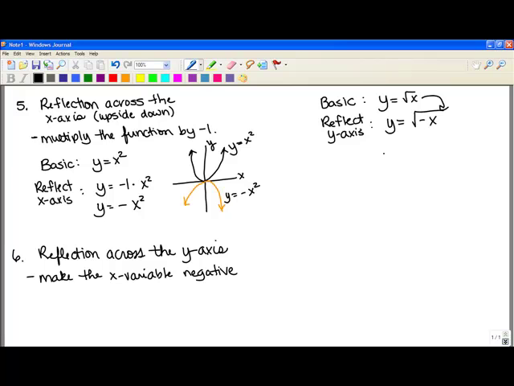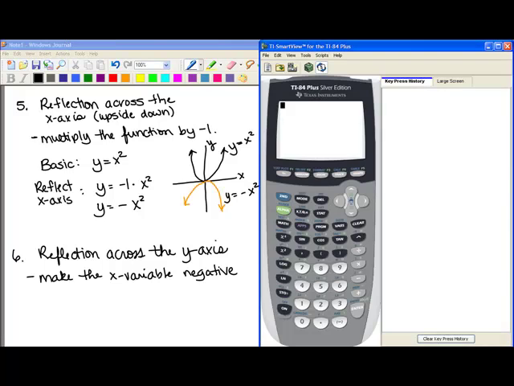Now I'm going to go to the calculator and I'll graph these in the calculator for this example. So I'll press the y equals key. I'll clear out my other functions that I had in from another problem. And then the first basic graph is the square root of x.